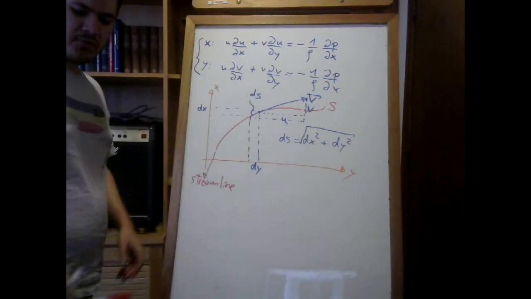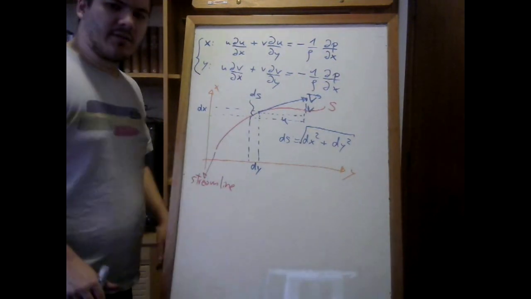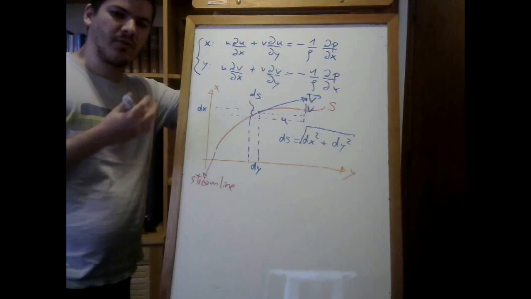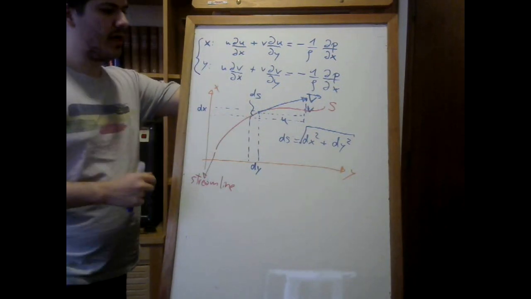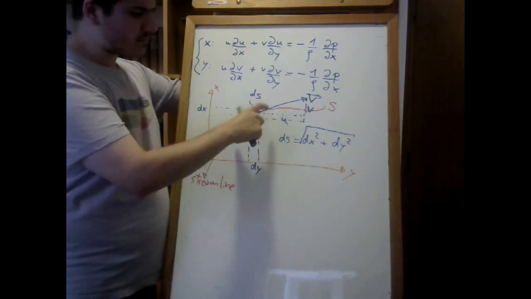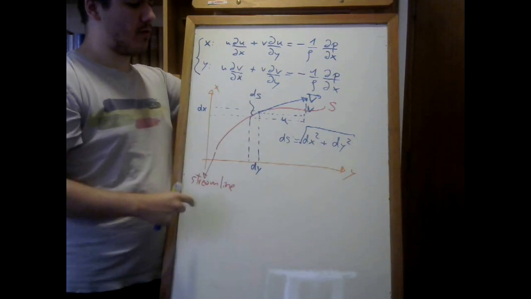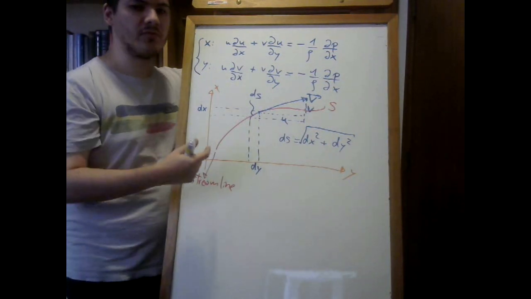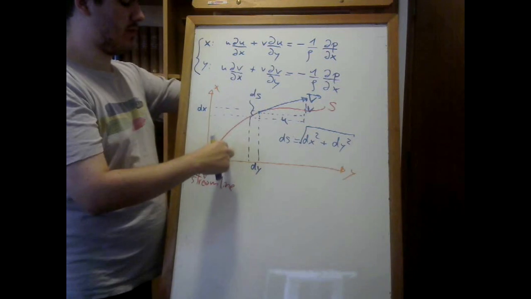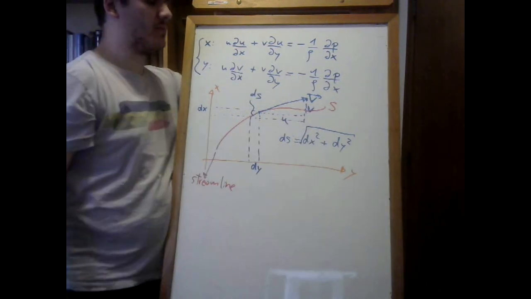So what we're going to do is integrate this equation along the streamline. A streamline in a fluid flow has its velocity component tangential to its line. Okay, so here is an example of the streamline.